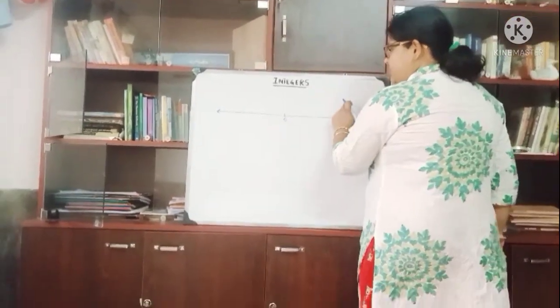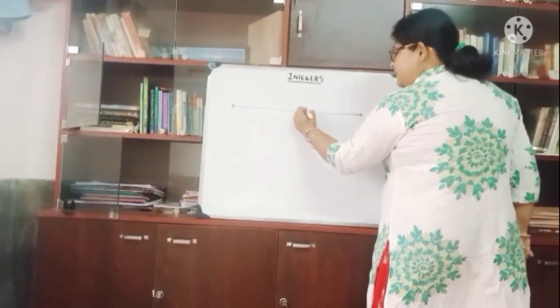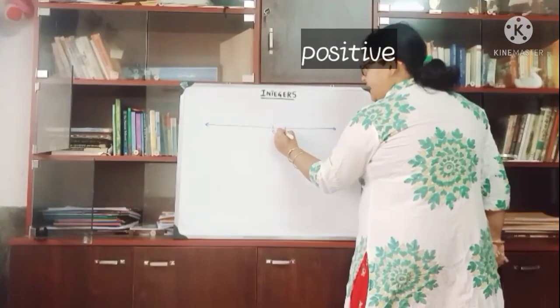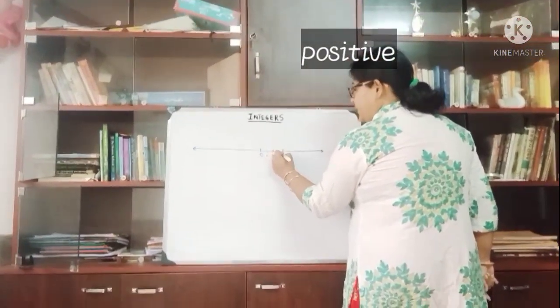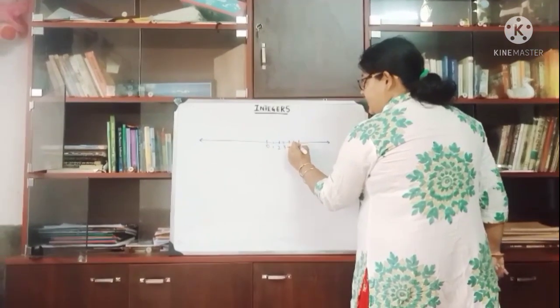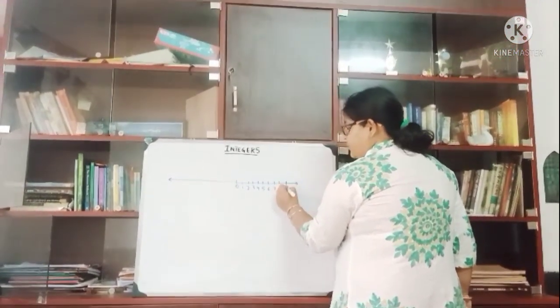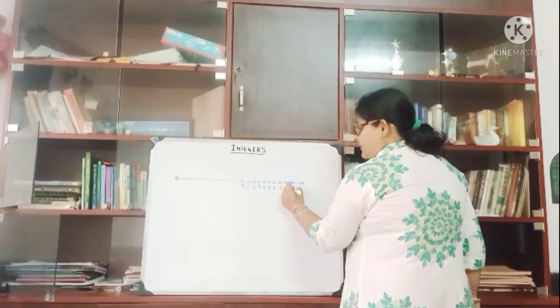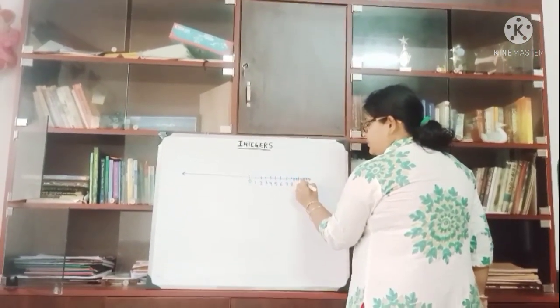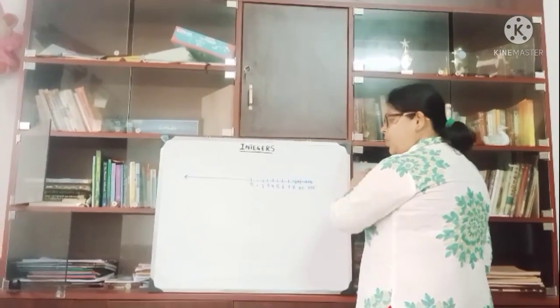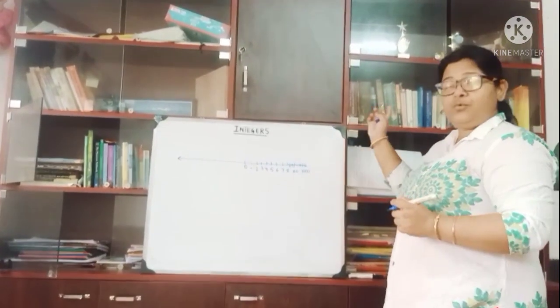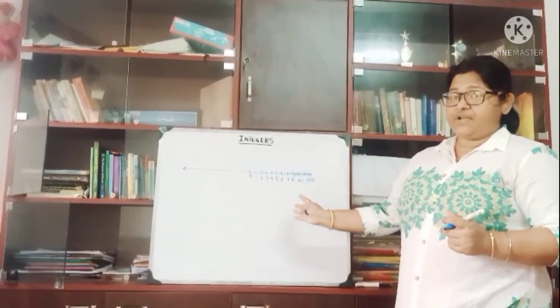The numbers towards the right hand side are always positive, like 1, 2, 3, 4, 5. Then it moves to some numbers coming to 100, some coming to 1000, and so on. The number constantly moves on. So it's a set of positive numbers.